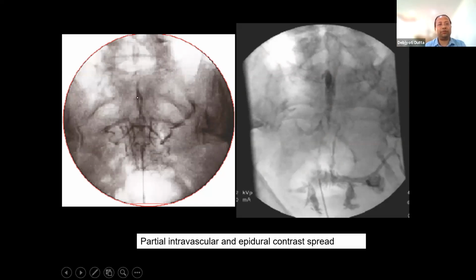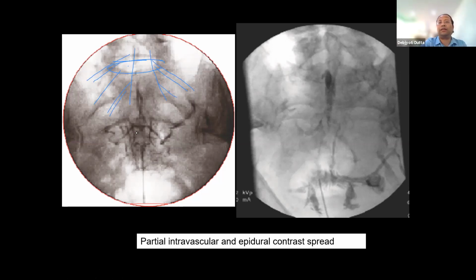So the needle tip is going there, and then you give contrast, and then you must see that it is spreading above, because you are most likely doing something for the L5-S1 disc. So here is the disc. Your drug should go like this, and it should spread like this, a fir tree appearance.